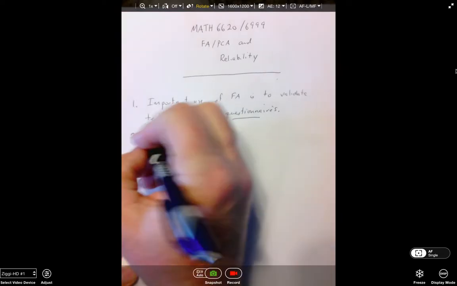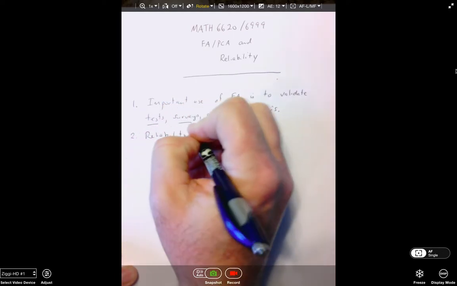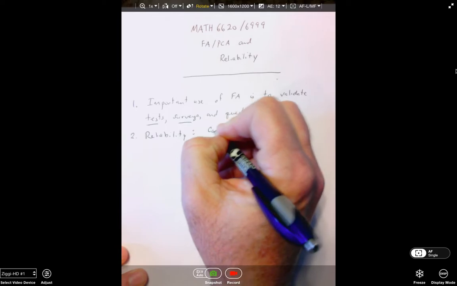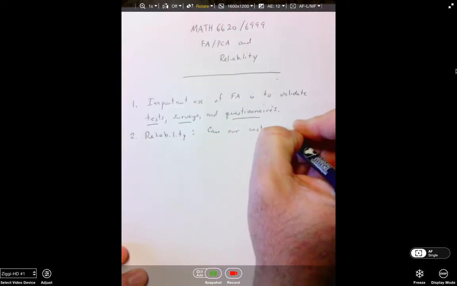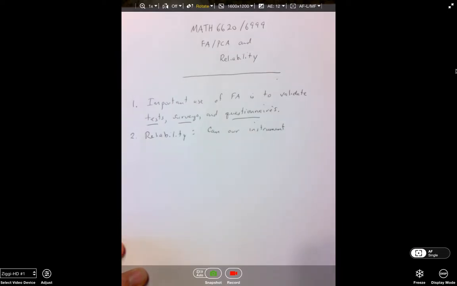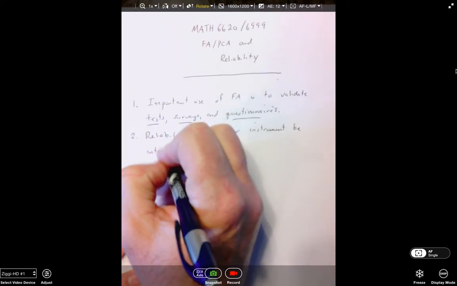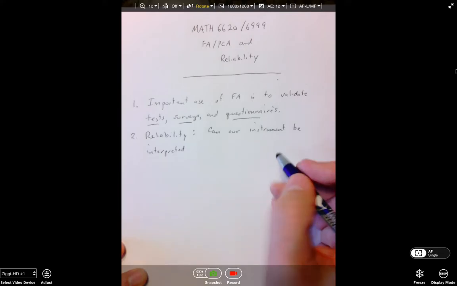So, guys, let's just summarize a little bit. What exactly is reliability? Essentially, we can address this question by asking another question. Can our instruments, let's just say instrument in this situation, be interpreted across different situations?